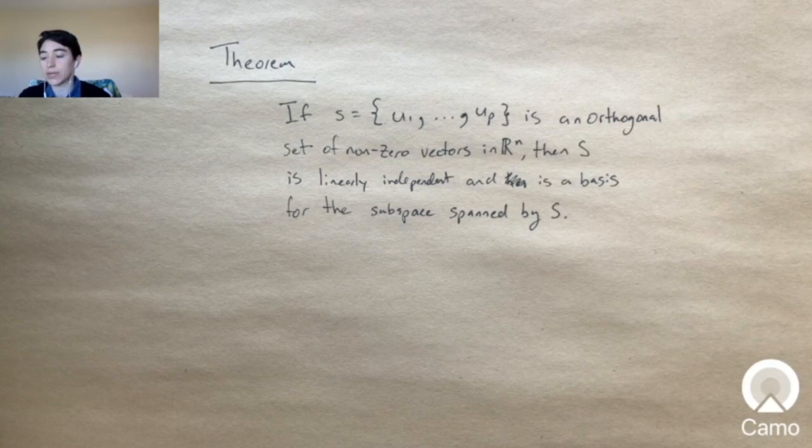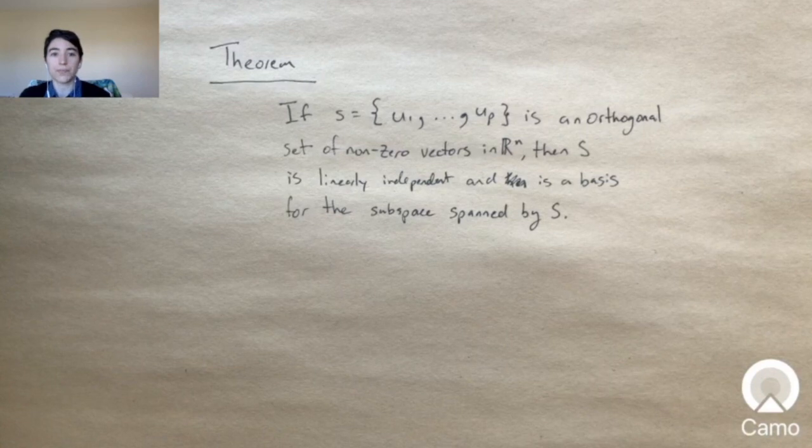That subspace, we're going to say, is spanned by that set of vectors, and that set of vectors we're going to call S. The name of each vector is U1 or U2, U3, whatever, onto UP, and these exist in some real space Rn. And that's what this is getting at.